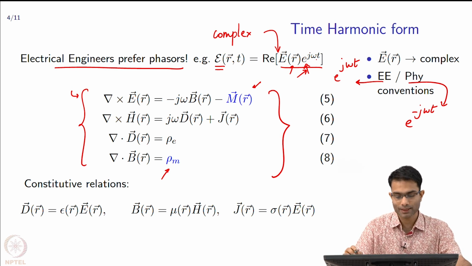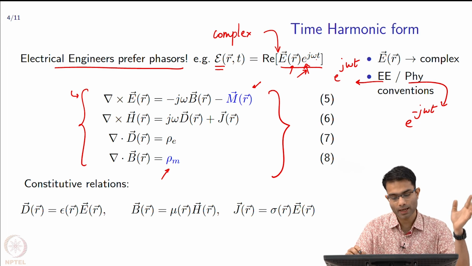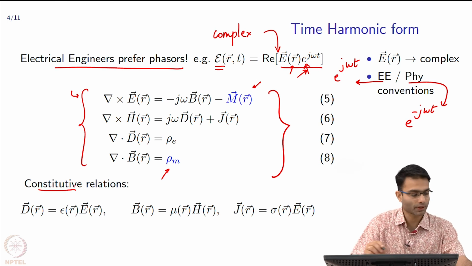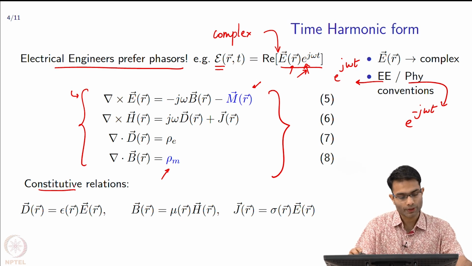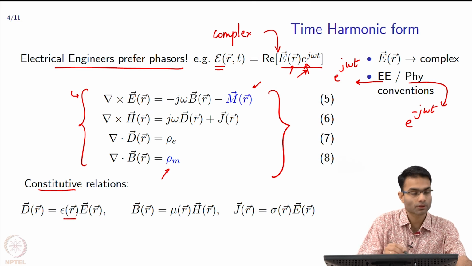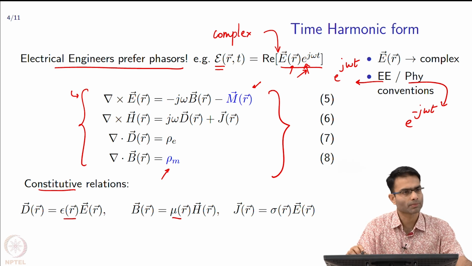The next thing is how to relate D and E, B and H, and the current. I am writing down these so-called constitutive relations. The relation between D and E is in terms of epsilon, permittivity. The relation between B and H is in terms of mu, permeability. And anyone who knows what this law is called?